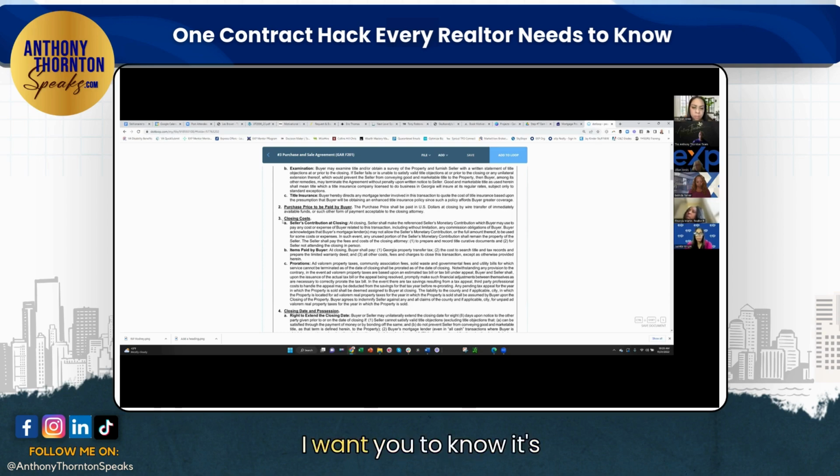So you guys, I want you to know it's on page 2 if you're in Georgia, under closing costs, and here it is. It says a buyer may use to pay any cost or expense of a buyer related to this transaction, including without limitation, any commissions, obligations of the buyer. That means you could get the seller to contribute closing costs, and your buyer could agree to use this closing cost to pay your commission if there's excessive commission outside of what the seller's willing to pay.